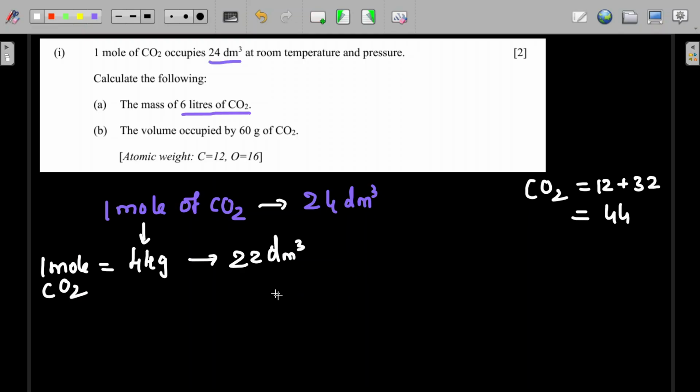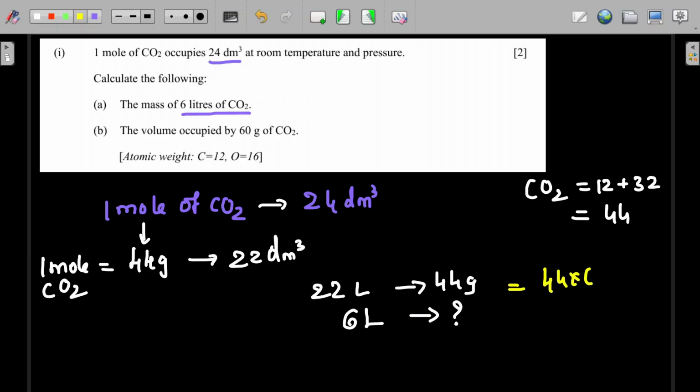So if you are taking 24 liter, what is the mass of that? 44 gram. 6 liter will be how much? So multiply it: 44 into 6 divided by 24. So do this calculation. 11. So 6 liter of CO2 will weigh 11 grams.